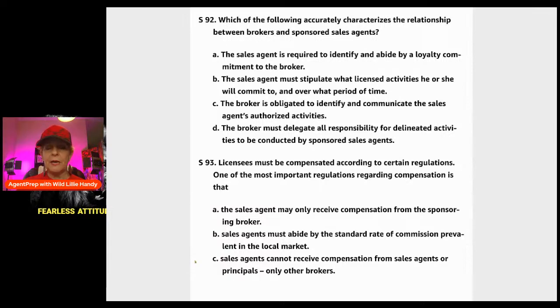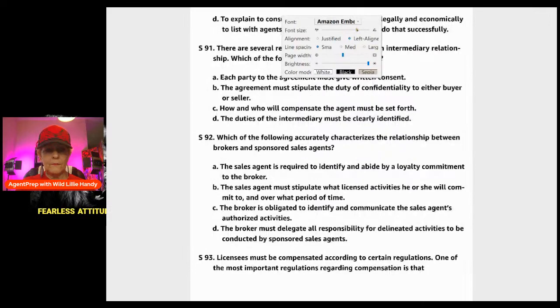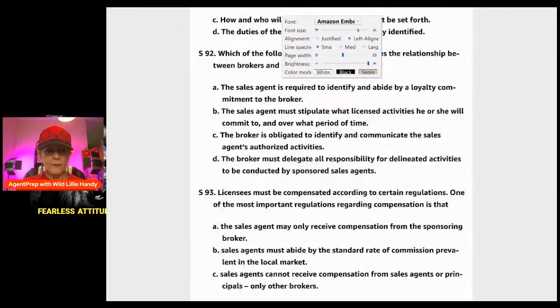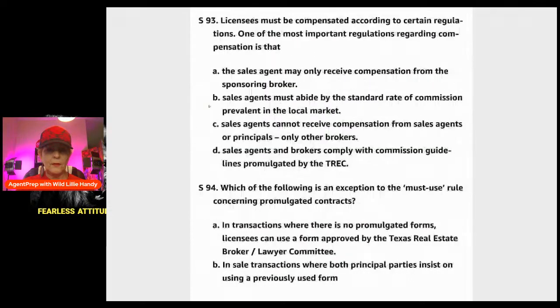C, sales agents cannot receive compensation from sales agents or principals, only other brokers. And D, sales agents and brokers comply with commission guidelines promulgated by the TREC, the Texas Real Estate Commission.